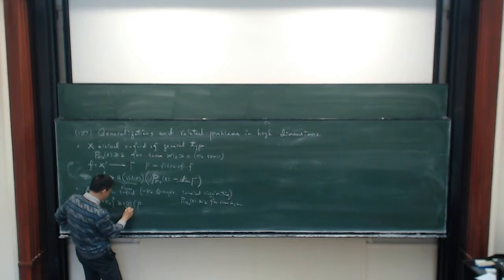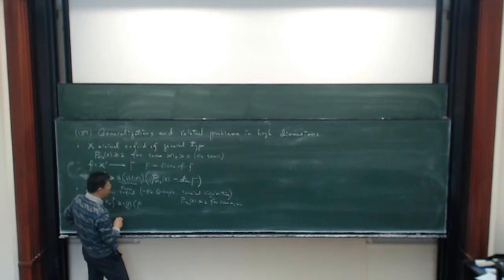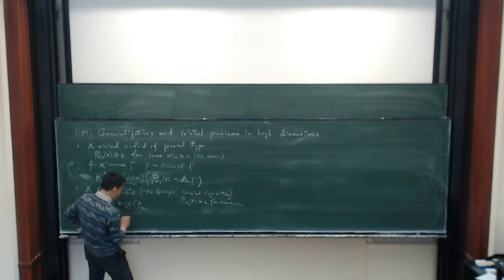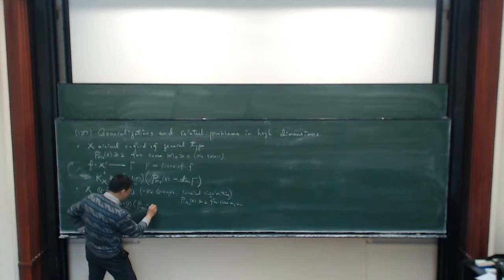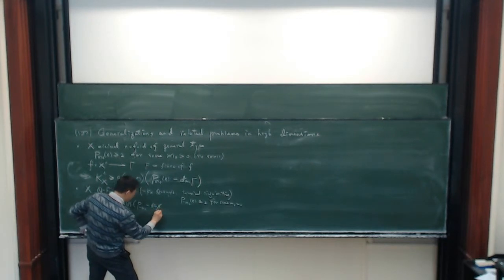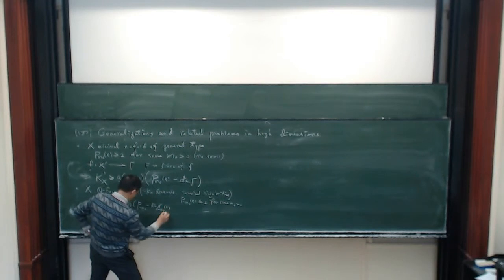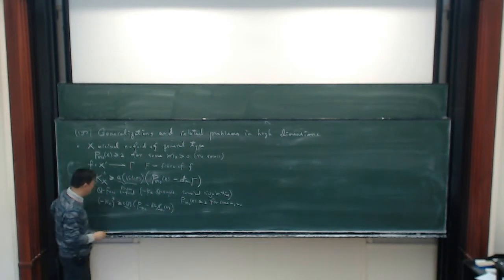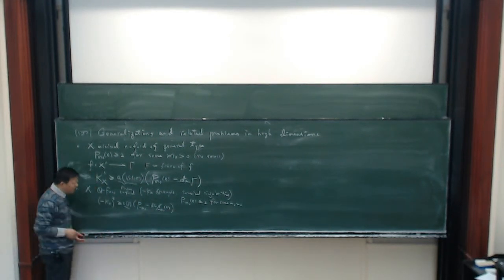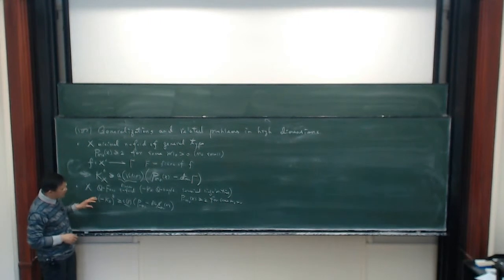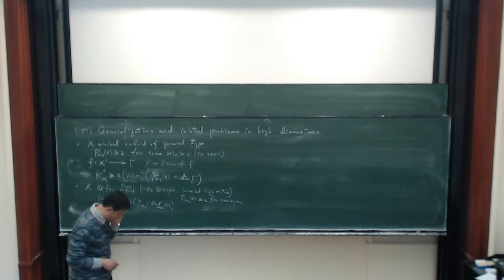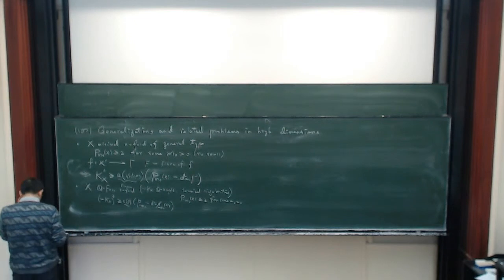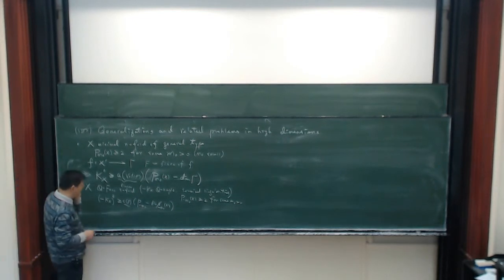So this is some positive number. So P minus the dimension of φ. Okay, so this is effective. For example, an application is that we can find an optimal lower bound for minus K_X cubed.